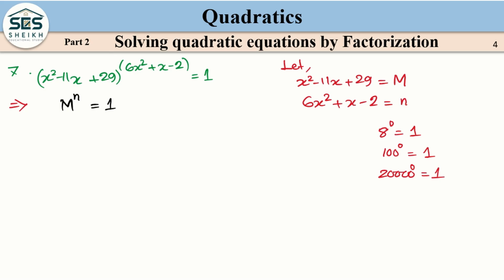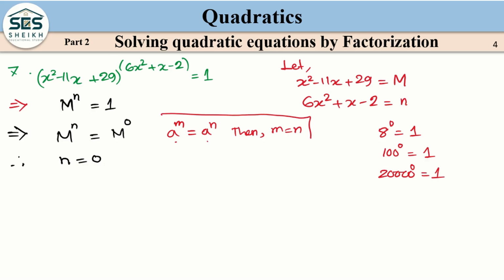So we can also write m to the power n equals m to the power 0. Therefore n equals 0. I already told you in our previous lecture, if a to the power m equals a to the power n, when the bases are the same, the powers are also equal to each other.